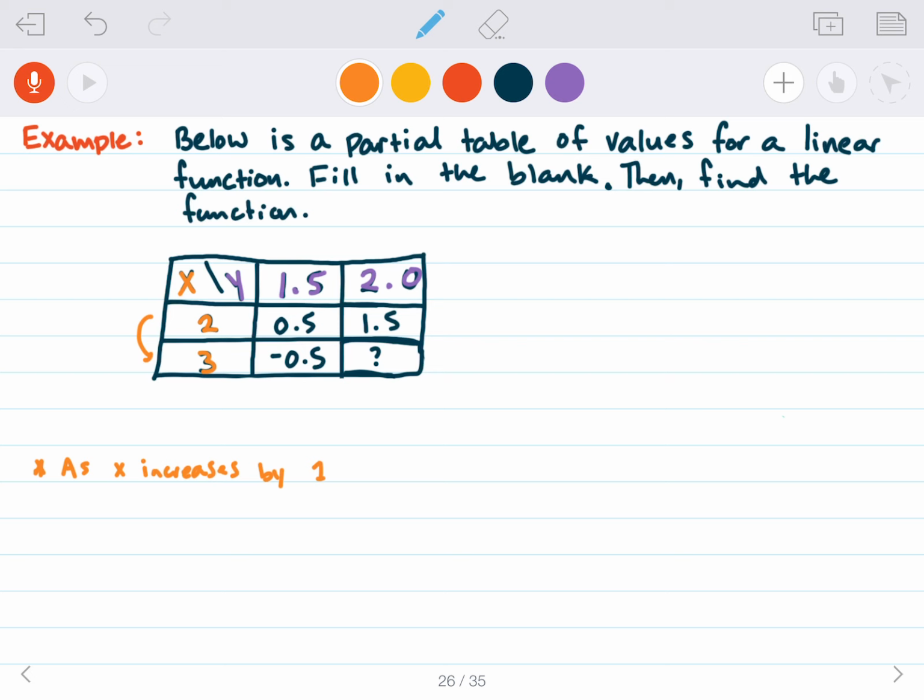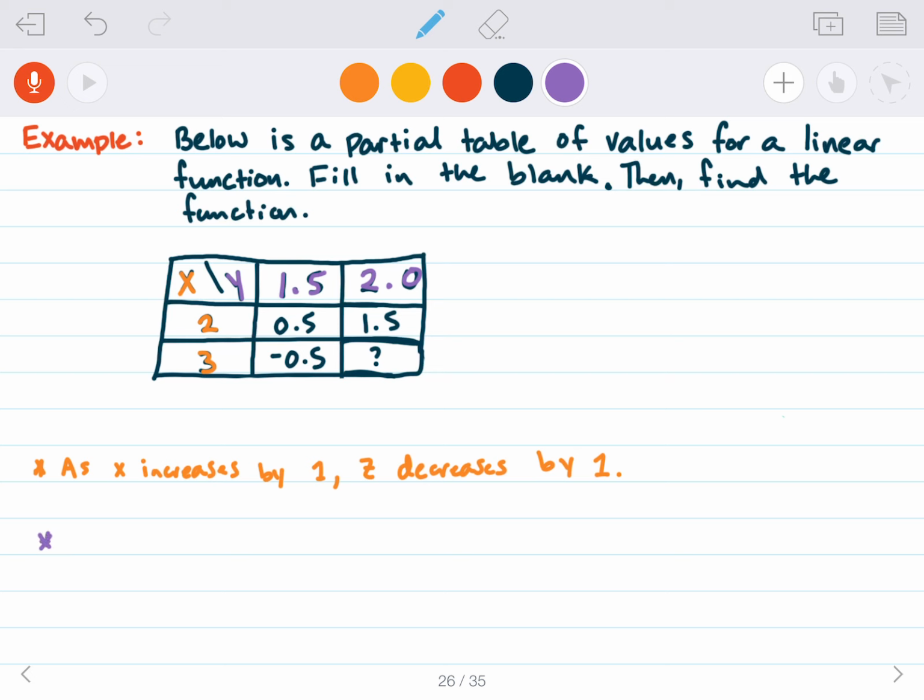Well, the z values here in this column are decreasing by 1, right? We're going from 0.5 to negative 0.5, so we're decreasing by 1 here. So as x increases by 1, z decreases by 1. Okay, so that's what we notice with x.